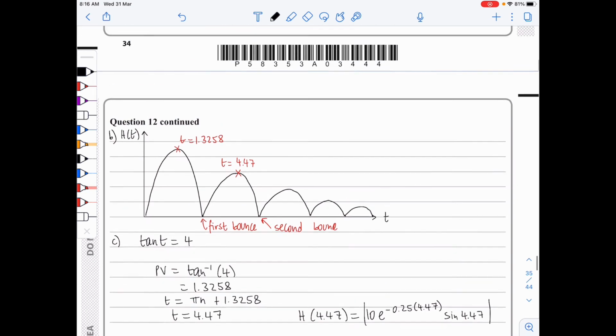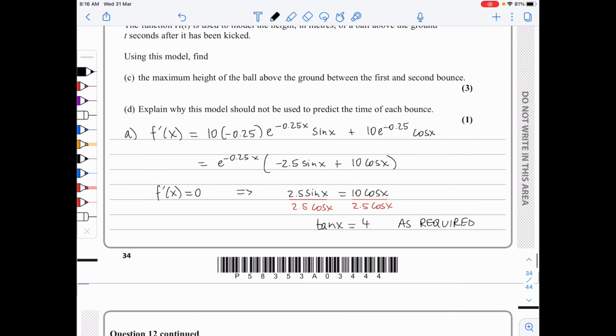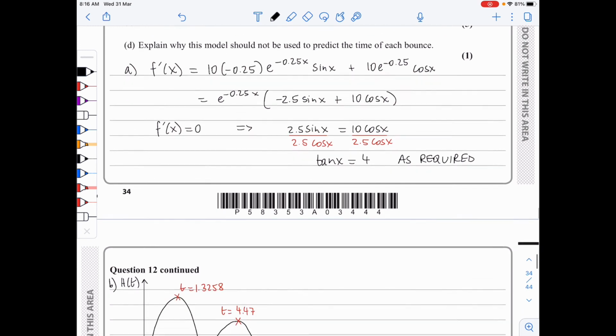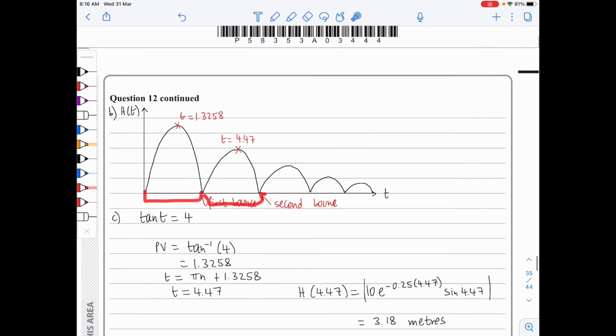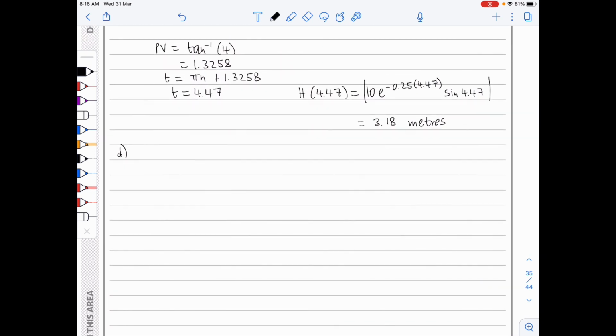In D, we are asked to explain why this model should not be used to predict the time of each bounce. This really takes you back to the idea that the spacing remains constant. This is unlikely to be the case, so that's what we really need to refer to here. We say that times between each bounce are not staying the same.